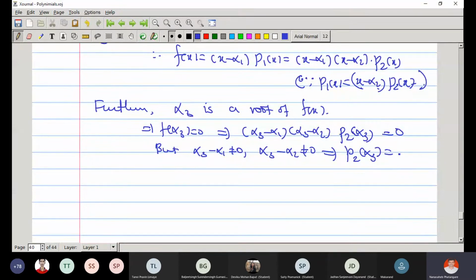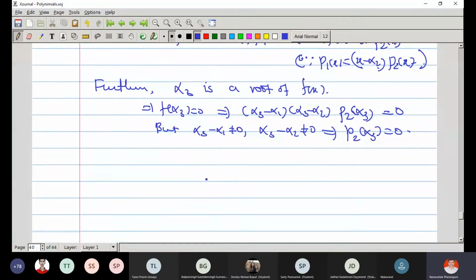So again by the factor theorem, what will happen?